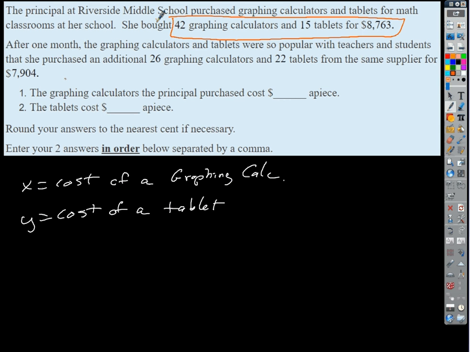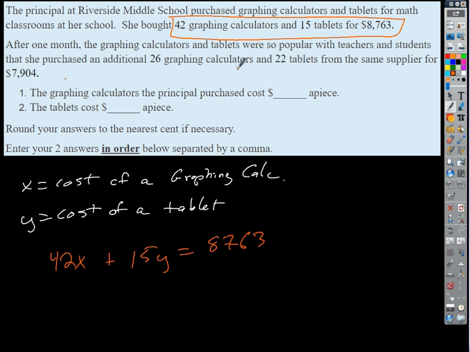Does that make sense? So one equation is going to be 42x, and then if the cost of one tablet is y, but I'm buying 15 of them, isn't that just 15 times y? That's going to be the total cost of the tablets, and we know that adds up to 8763, right? Where do I get that other equation? Well, right here, right?